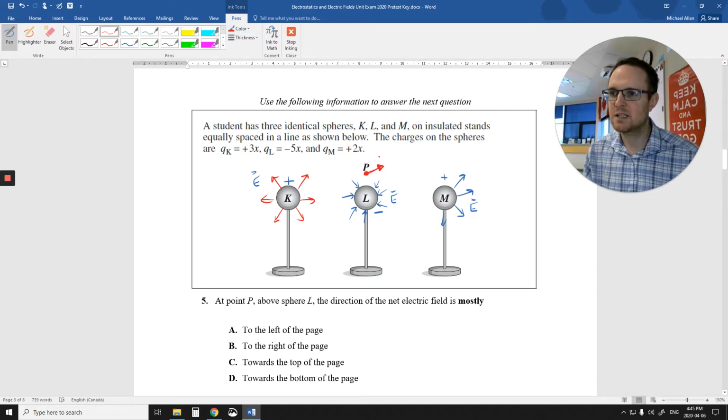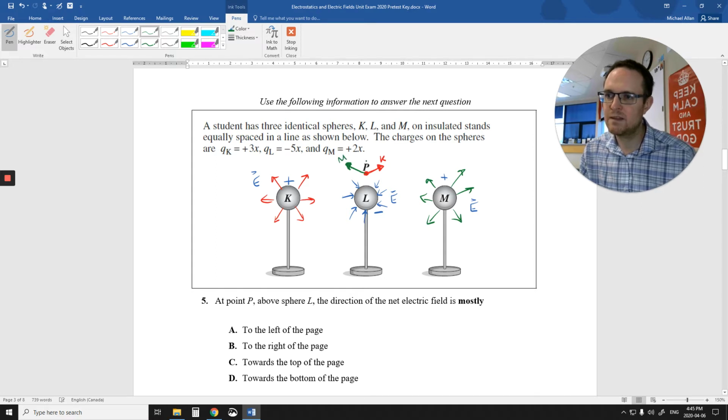Okay, that's caused by K. Okay, so the other one, M, is coming out as well. I'm going to draw that green this time. So that's also coming out because it's positive. So there'll be an arrow coming out of P pointing away from M, caused by M.